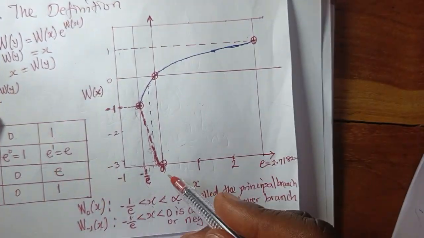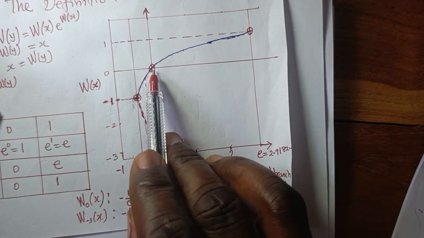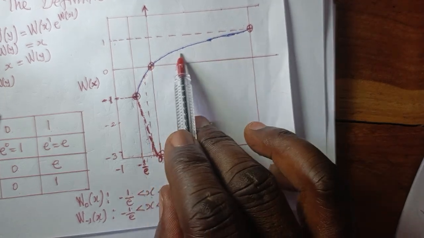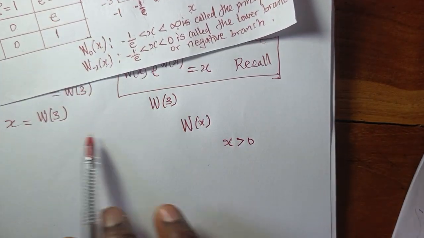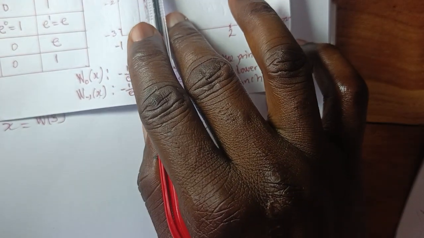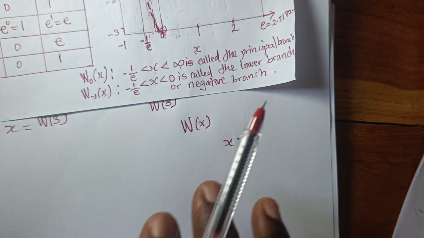On the graph of x here, 0, 1, 2, on this blue graph we have the value of W function of 3. So we are going to obtain one solution on this blue graph for x greater than 0.